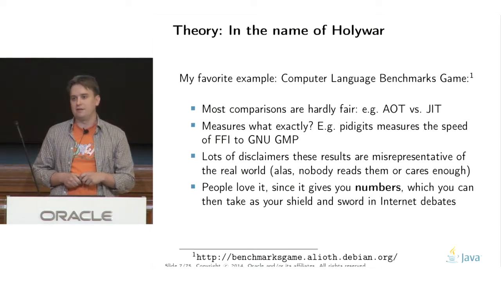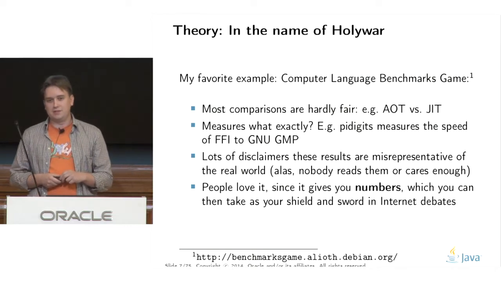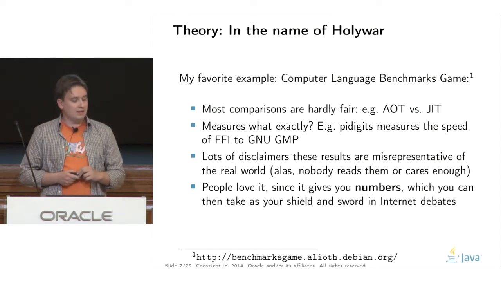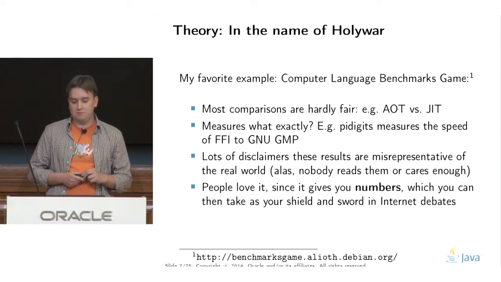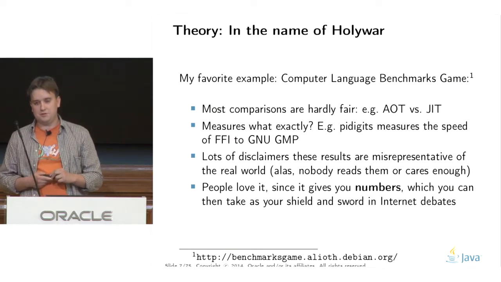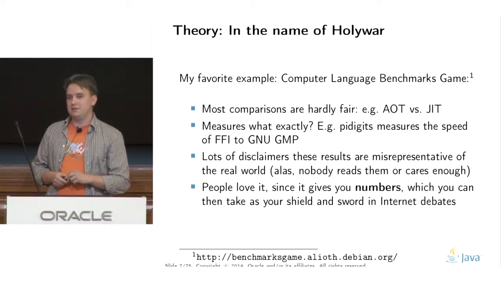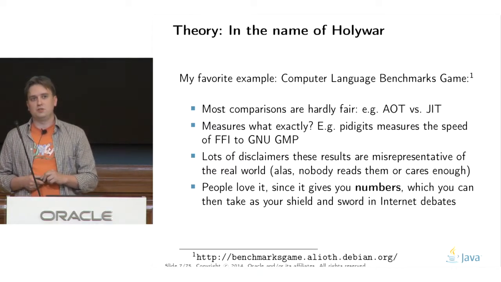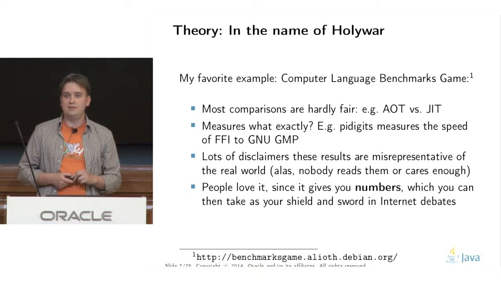For instance, they are comparing statically compiled versus dynamically compiled languages in the same use cases. We don't really know what exactly the benchmarks there measure. My favorite test, pidigits, there, if you look at the top 10 implementations, the second top implementation is Lua, surprisingly.